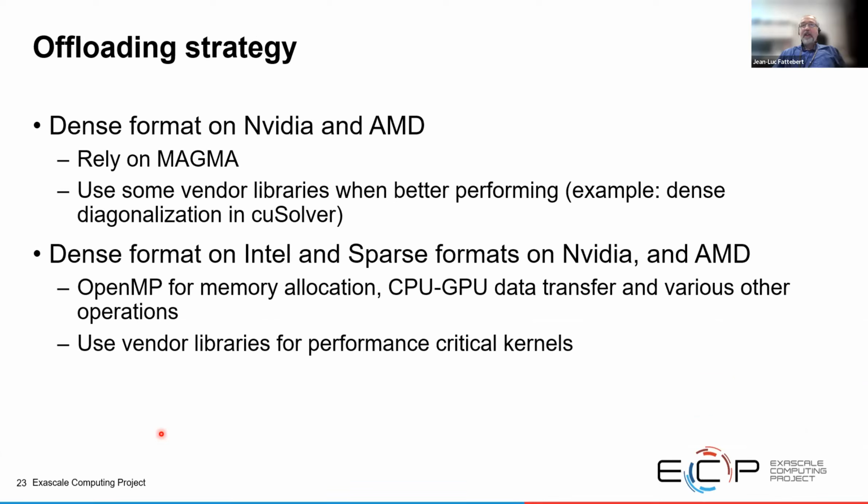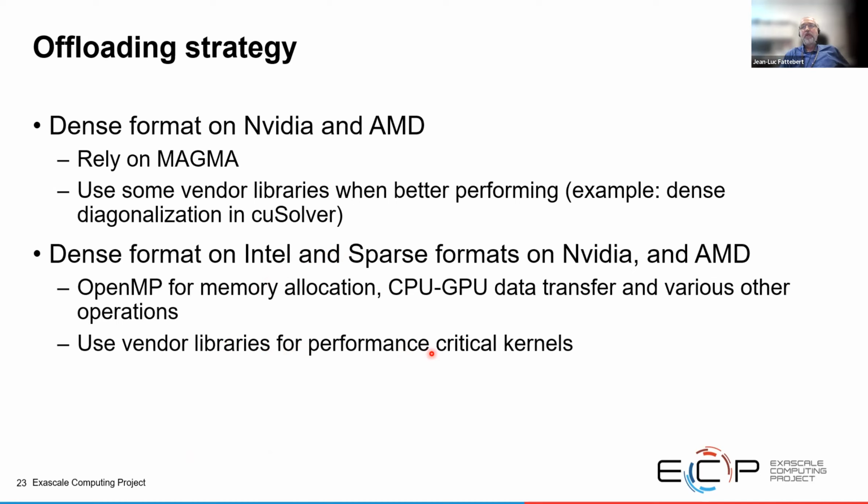Okay. So here's a summary of our offloading strategy. When we talk about dense matrices on NVIDIA and AMD, we rely essentially on MAGMA, except for some vendor libraries when they are performing much better than MAGMA.